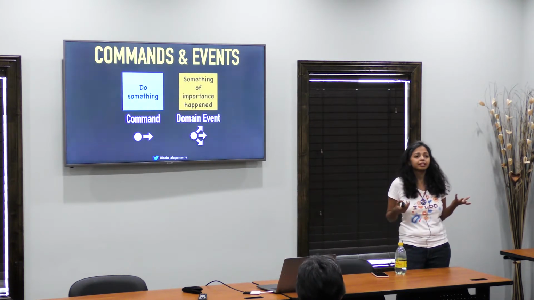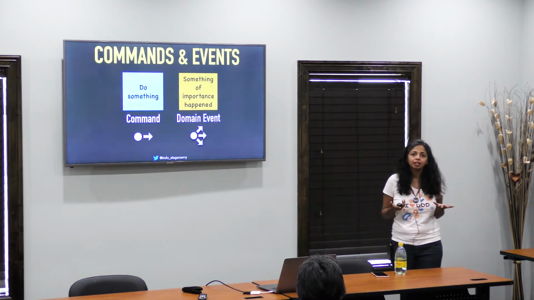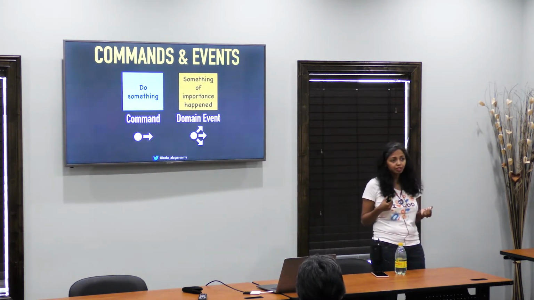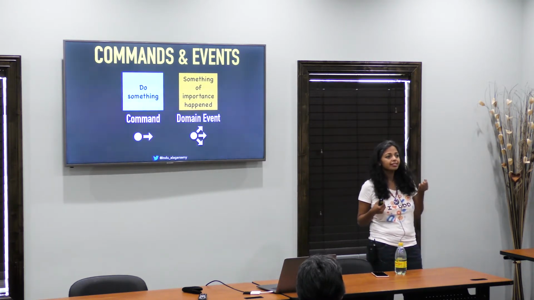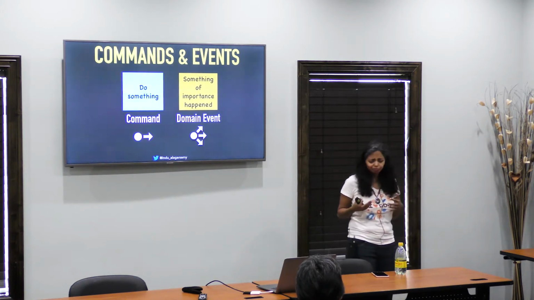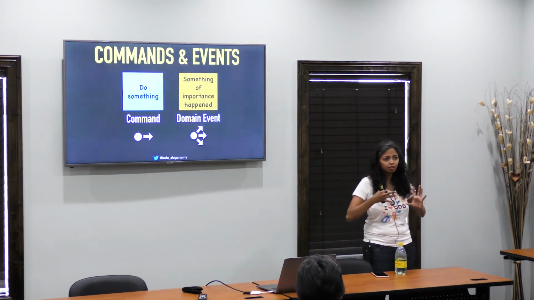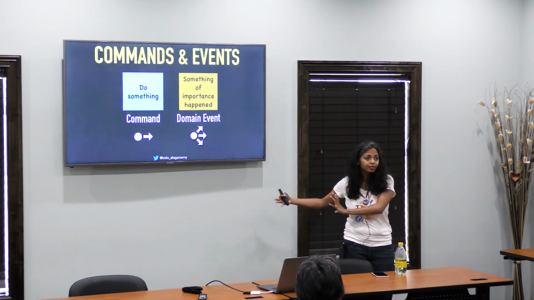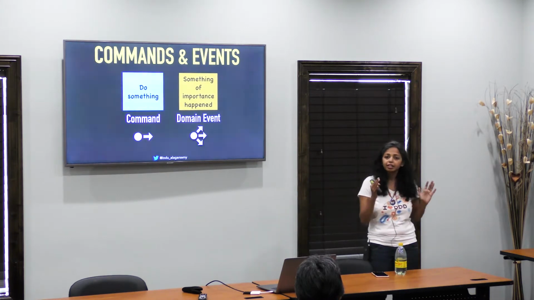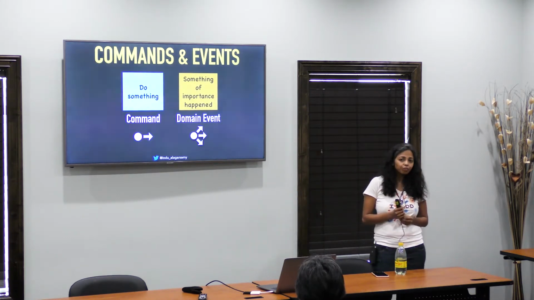So what is an event? An event is something that has happened. An event is a statement of truth. One model is saying that something important has happened in that context. It's like an announcement to the rest of the contexts, saying this happened. Therefore, it's always expressed in the past tense.